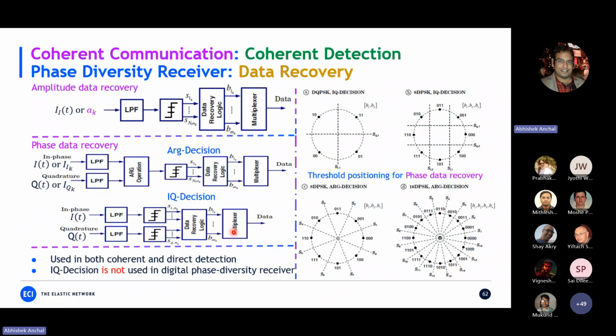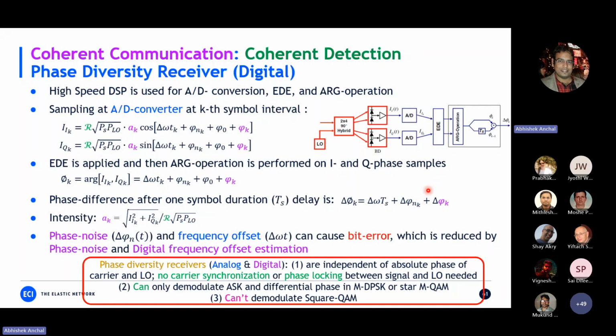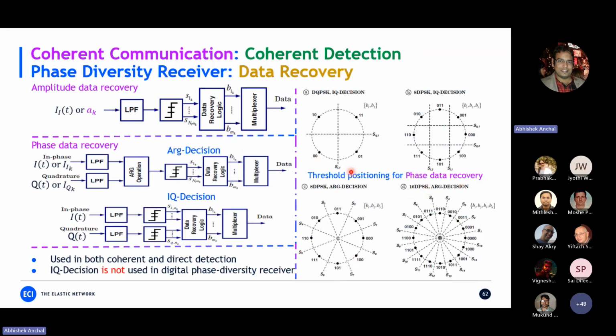After you have this intensity and phase converted into electrical current, you can apply the decision circuitry. You can provide the threshold to decide where they lie, and then you can decode the data. You can go through this diagram. It's very simple. You need to provide a logic, whether it's higher or lower intensity, or which phase region the current is lying in, and based on that, you can decode which symbol it is.